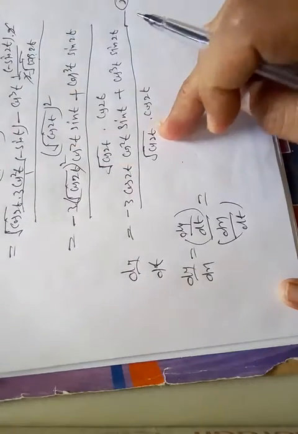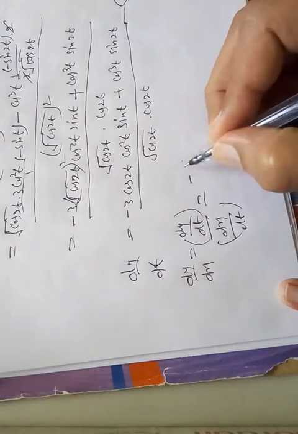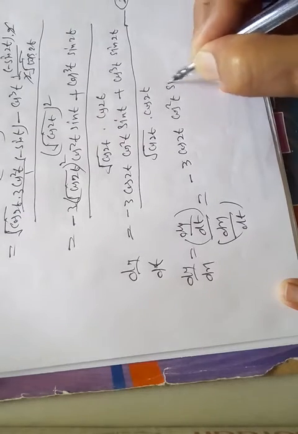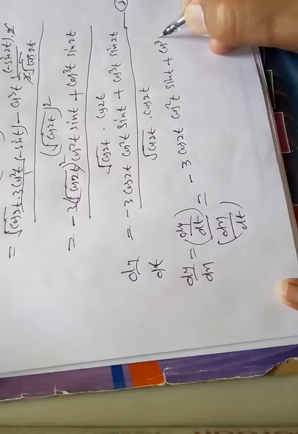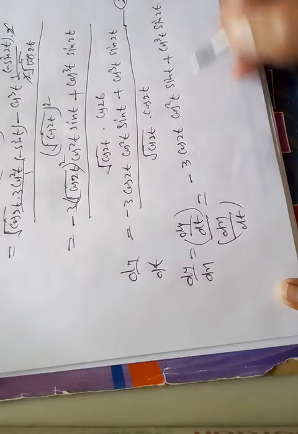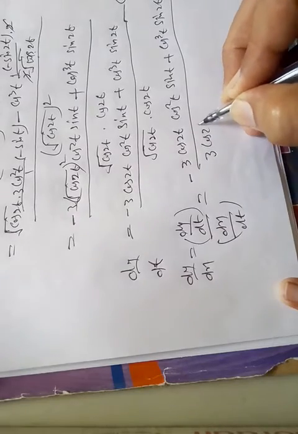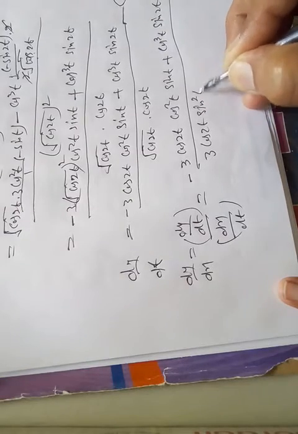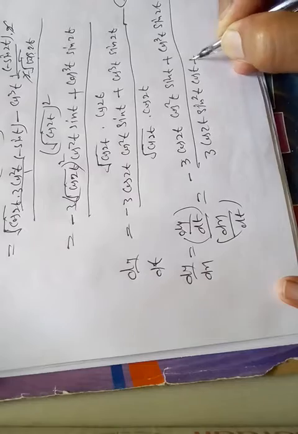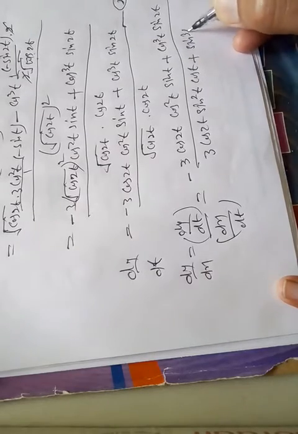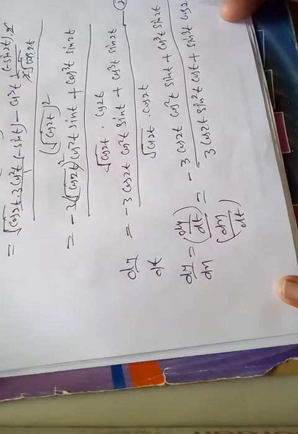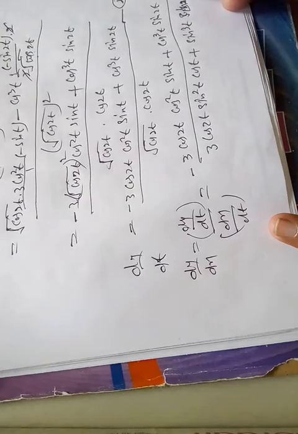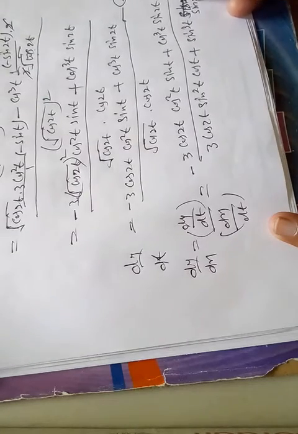Okay, denominator cancel, so this is minus 3 cos 2t cos square t sin t plus cos cube t sin 2t upon 3 cos 2t sin square t cos t plus sin cube t and cos into sin 2t.